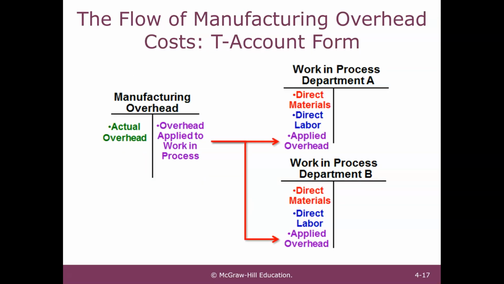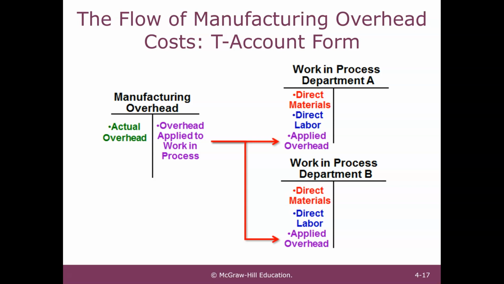Okay, then we come to manufacturing overhead. We will go from manufacturing overhead into the work in process departments according to the predetermined overhead rate and the amount of machine hours or labor hours that are worked.